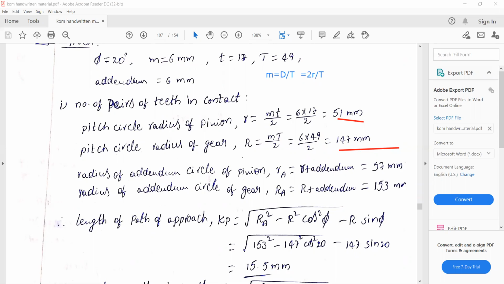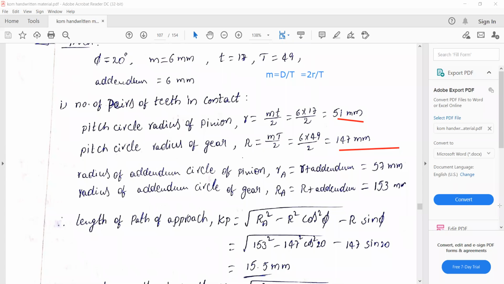Now we find the radius of the addendum circle of the pinion. R suffix A equals R plus addendum, as we already told: pitch circle radius plus addendum. The addendum is 6 mm.